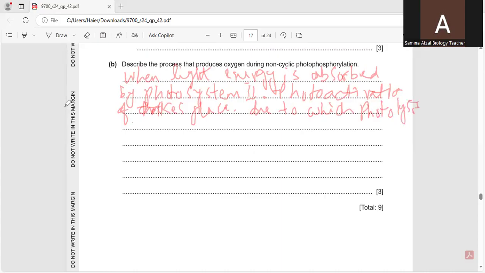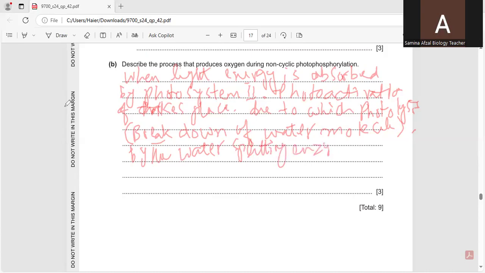And what is photolysis? Breakdown of water molecules by the water splitting enzyme. Water breaks into protons, electrons, and oxygen.